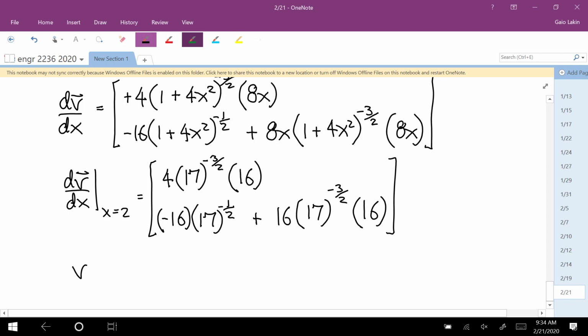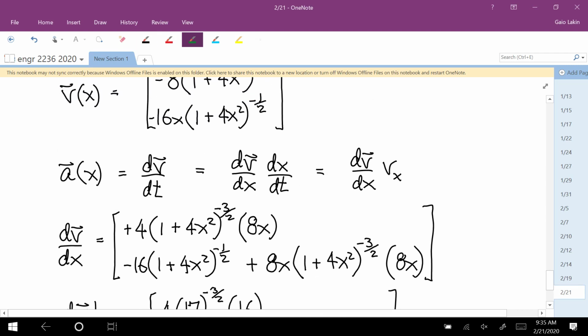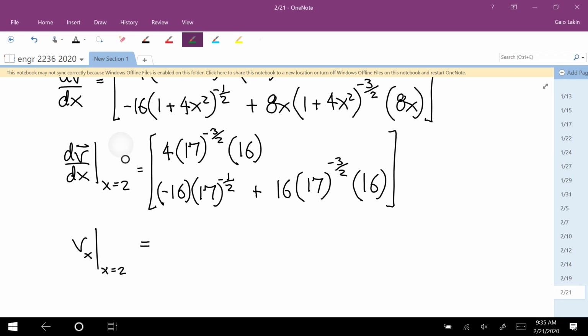The x component of the velocity evaluated at x equals 2 is negative 32 times 17 to the minus 1 half.